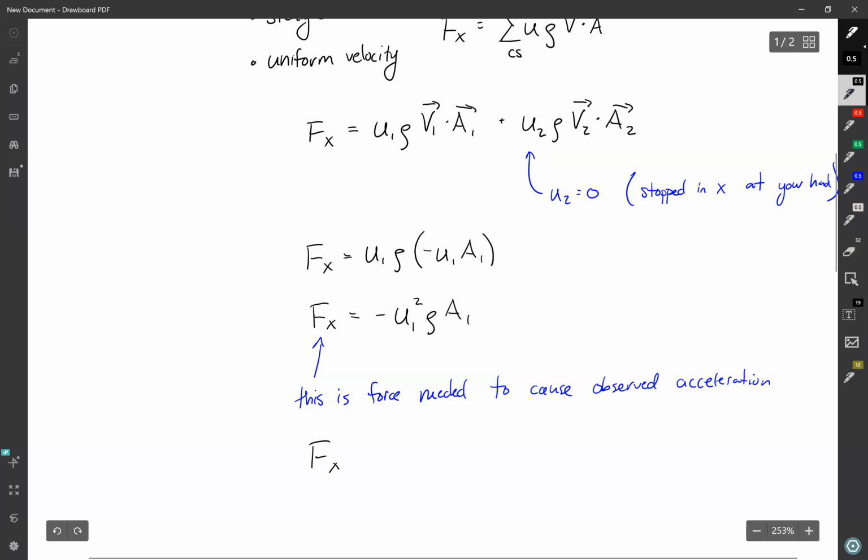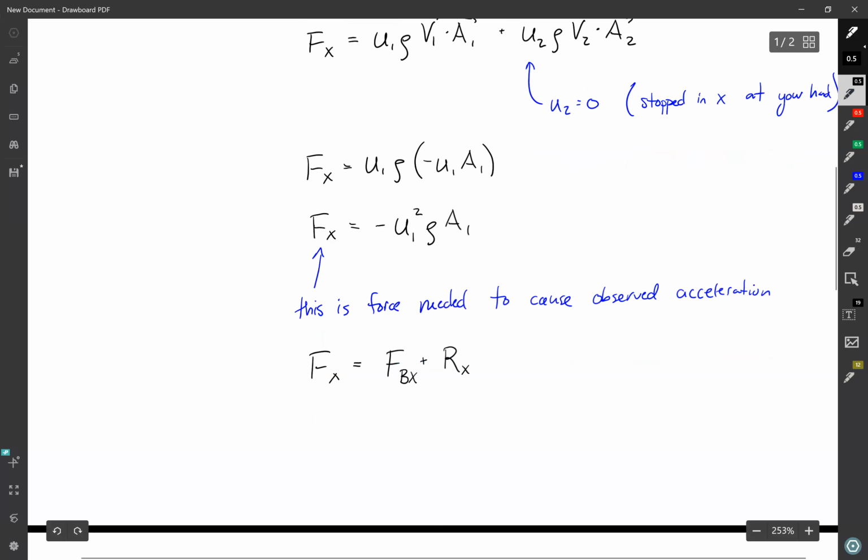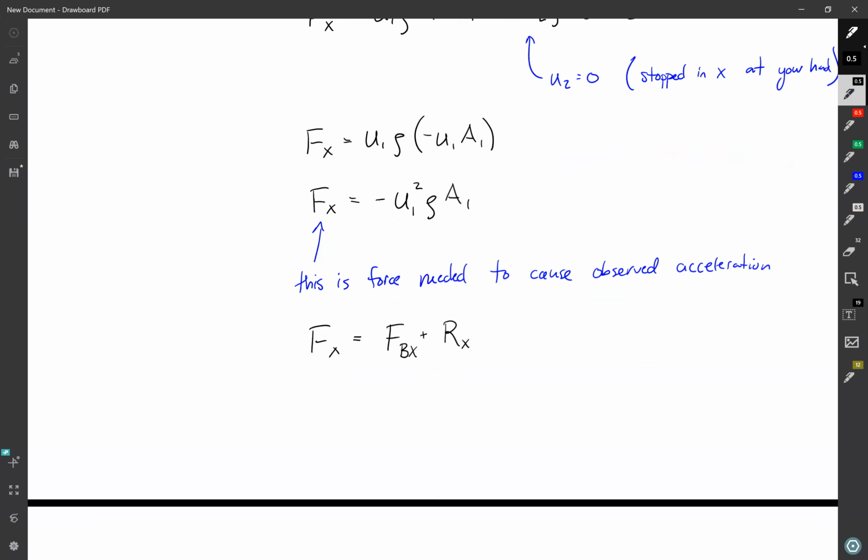So this equals, or I guess I'll write it this way, FB, the body force in the x direction, plus Rx. This is the weight of water in our CV, which we don't know exactly what it is, but it's relatively small.